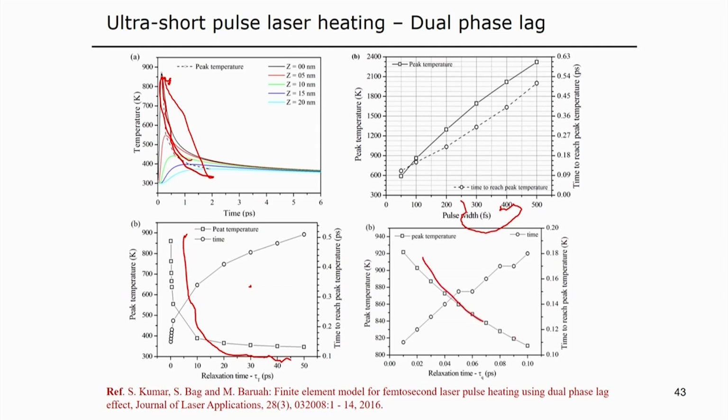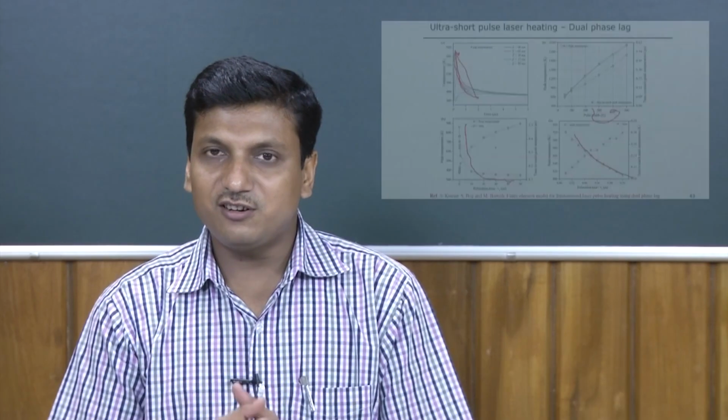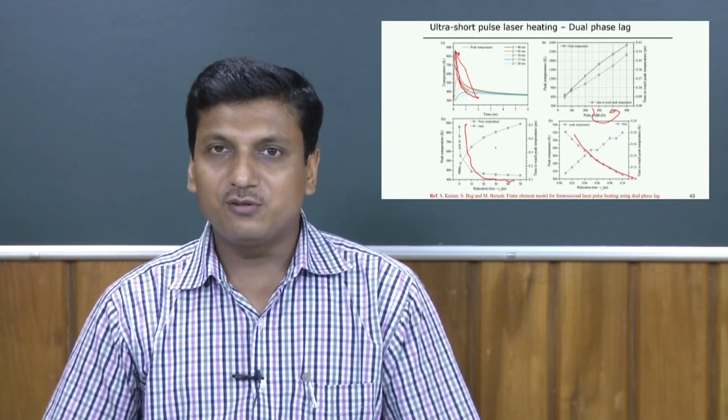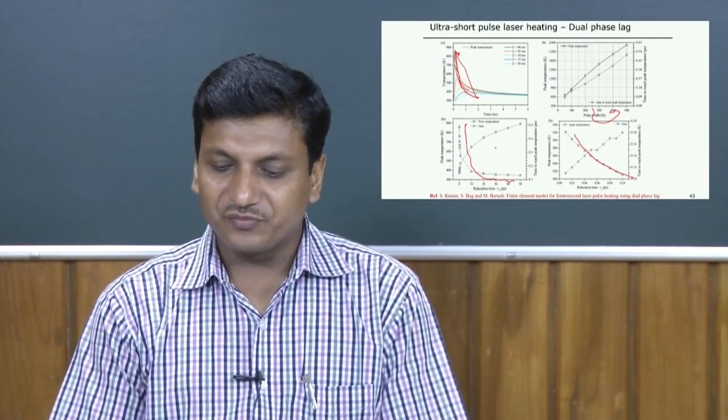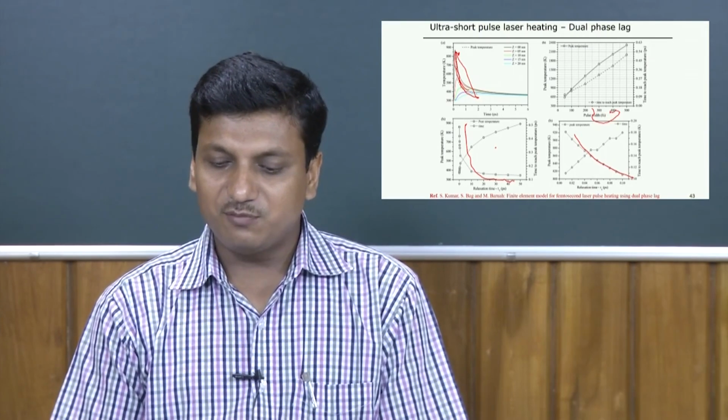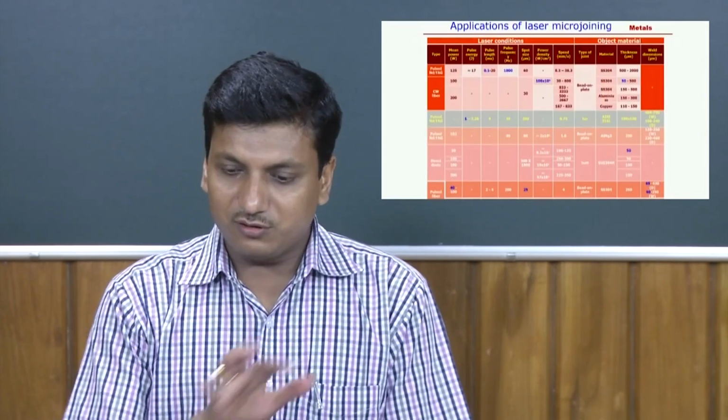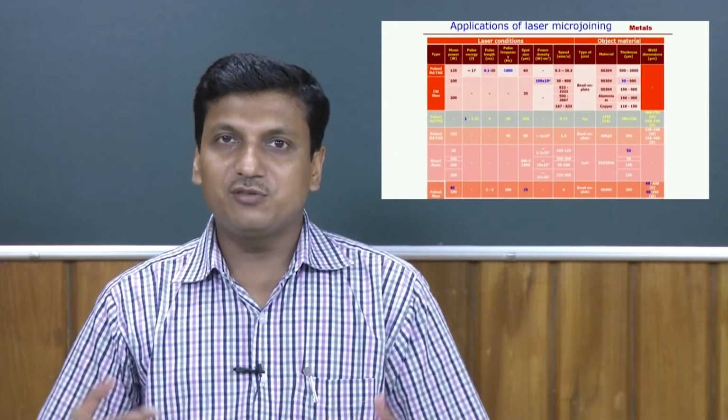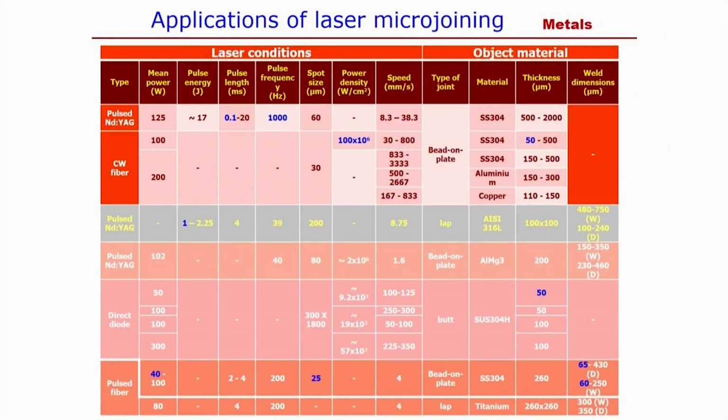Here also peak temperature reduces with the higher relaxation time, but in both cases a nonlinear behavior is generally observed in the variation of the peak temperature with respect to the relaxation time.